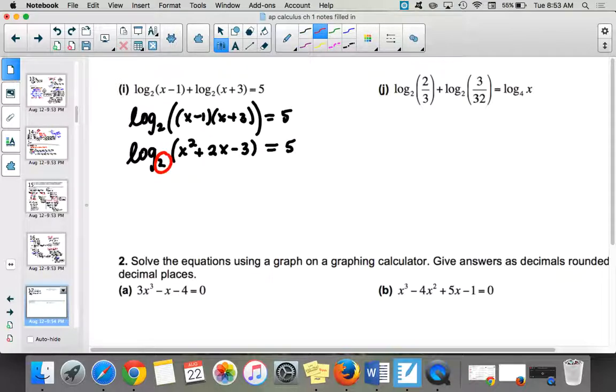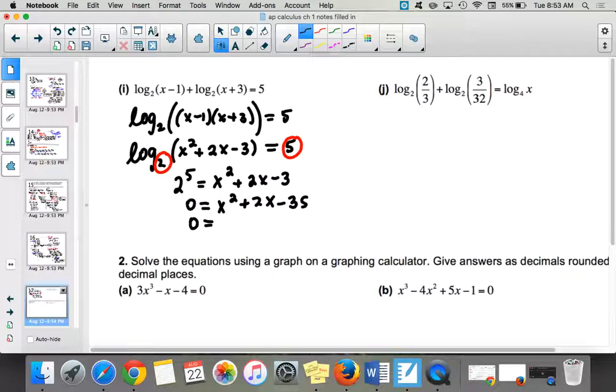Then we do 2 to the 5th when we switch forms. So we have 2 to the 5th equals x squared plus 2x minus 3, and 2 to the 5th is 32. So we have x squared plus 2x minus 3 minus 32, so minus 35, which factors into x minus 5 times x plus 7.